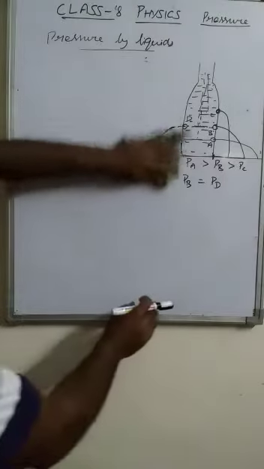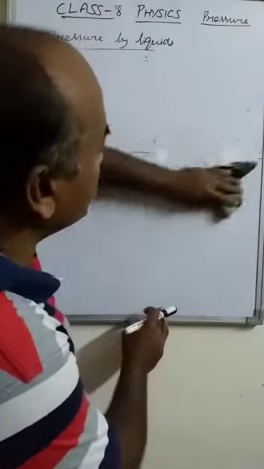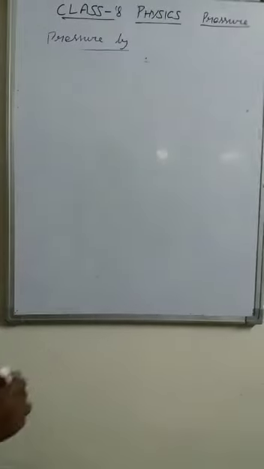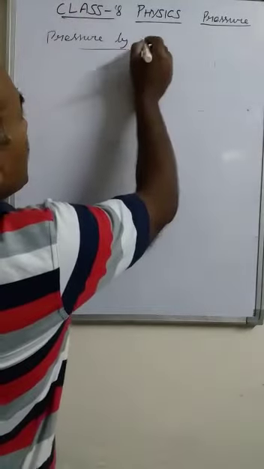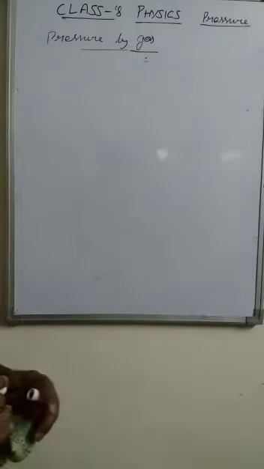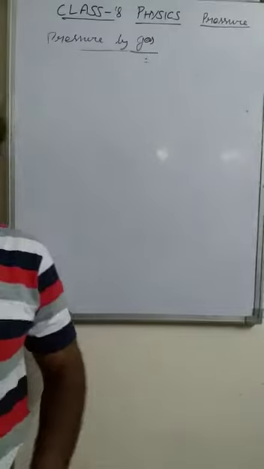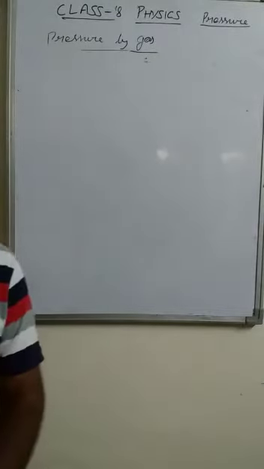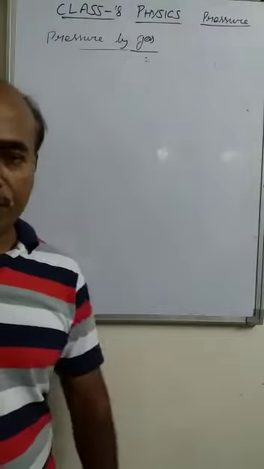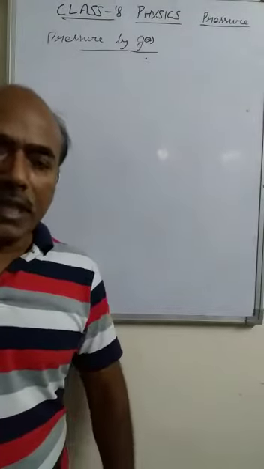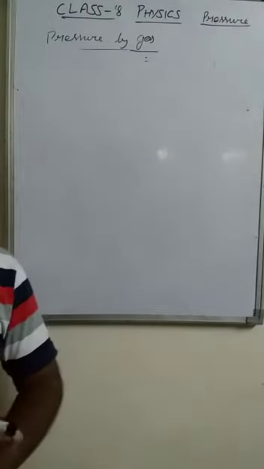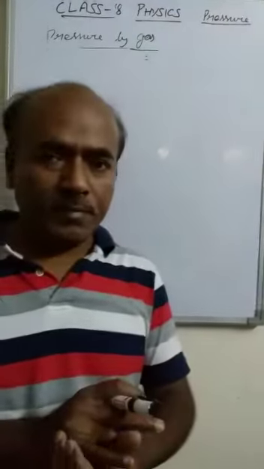For this, pressure exerted by gases, I already gave an example: whenever we fill air inside a ball, the shape of the ball cannot be changed. That is due to the pressure exerted by gases. Even in your cycle, the wheels have a tube and tire.